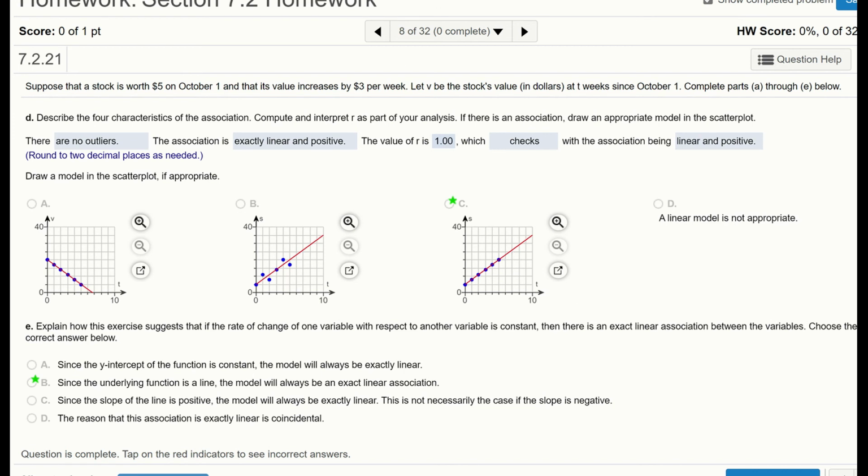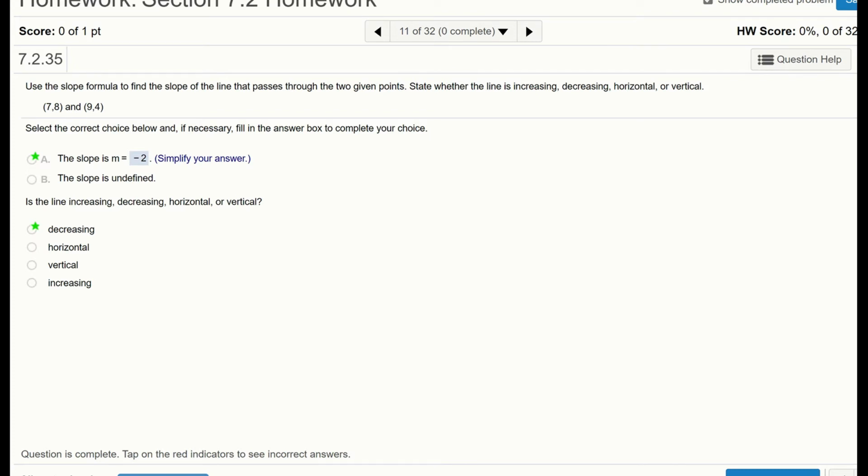All right. Here we're given a pair of points. We want to find the slope and then decide whether it's increasing or decreasing, of course. So remember, just give those names like x1, y1, and x2, y2.